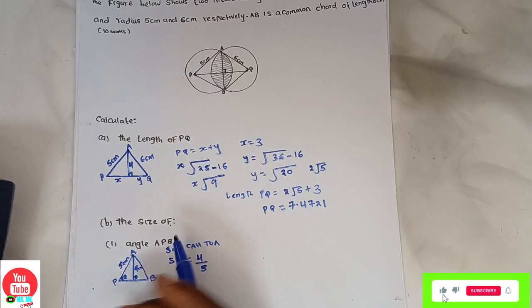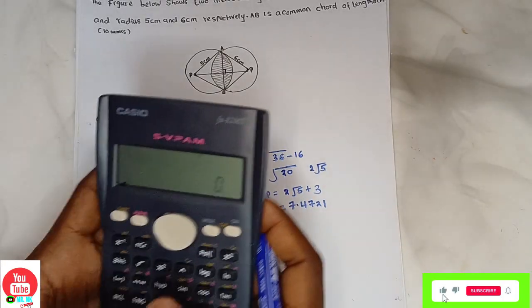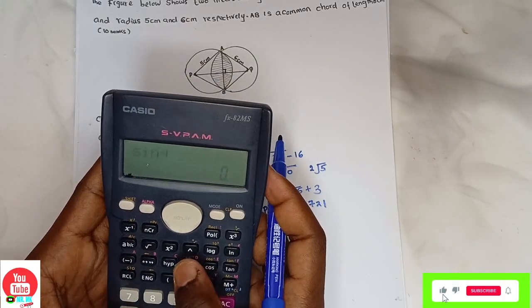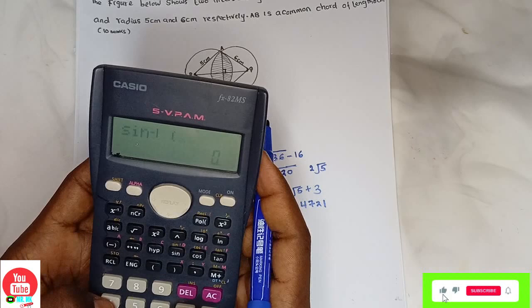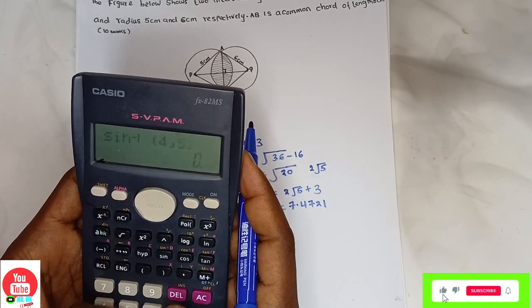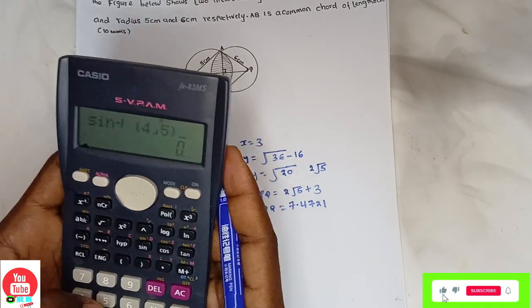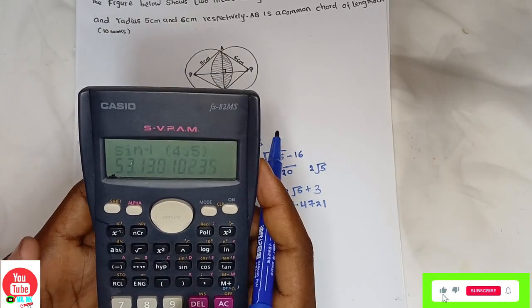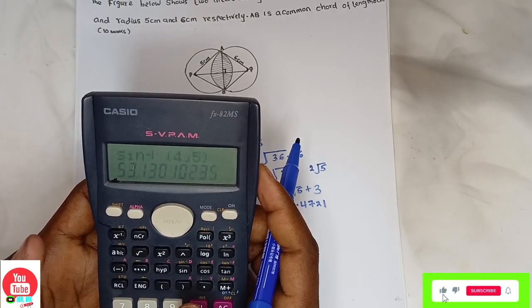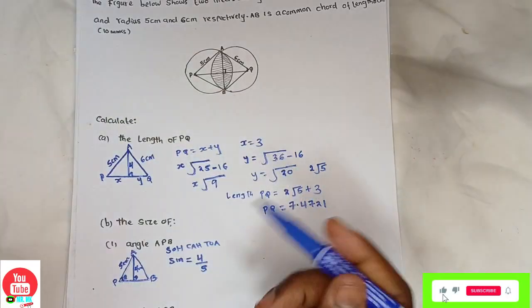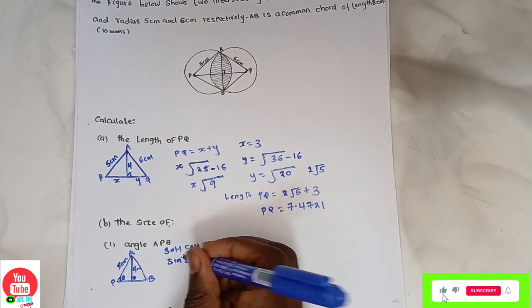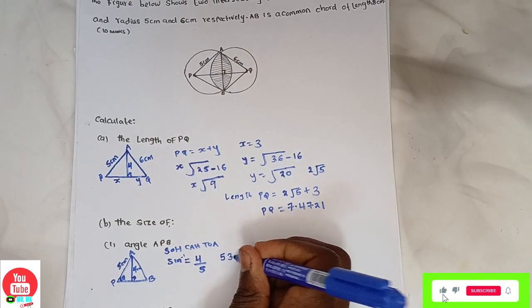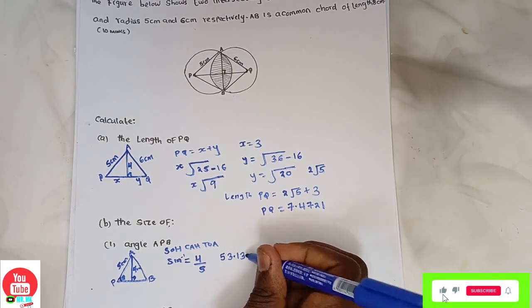To get the angle, using your calculator, you say shift sine inverse of 4 over 5. That will be 53.13.